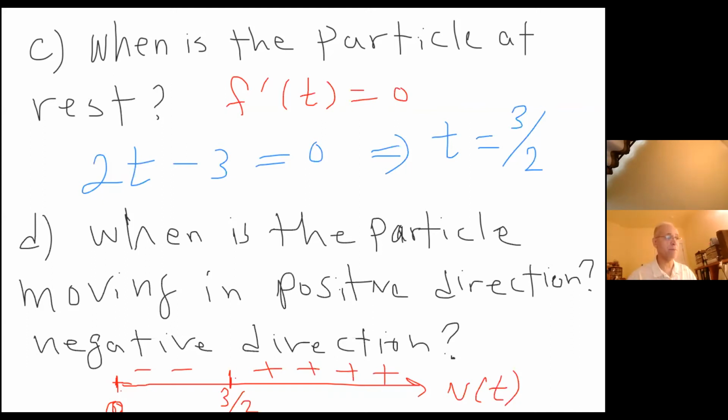For example, if I plug in 2, 2 times 2 is 4, 4 minus 3 is 1, and it's positive. If I plug in 1, which is a value between 0 and 3/2, I get 2 times 1, which is 2, minus 3, which is negative. So I get a negative value anywhere between 0 and 3/2. Even at 0 itself, if I plug in 0, I get negative 1.